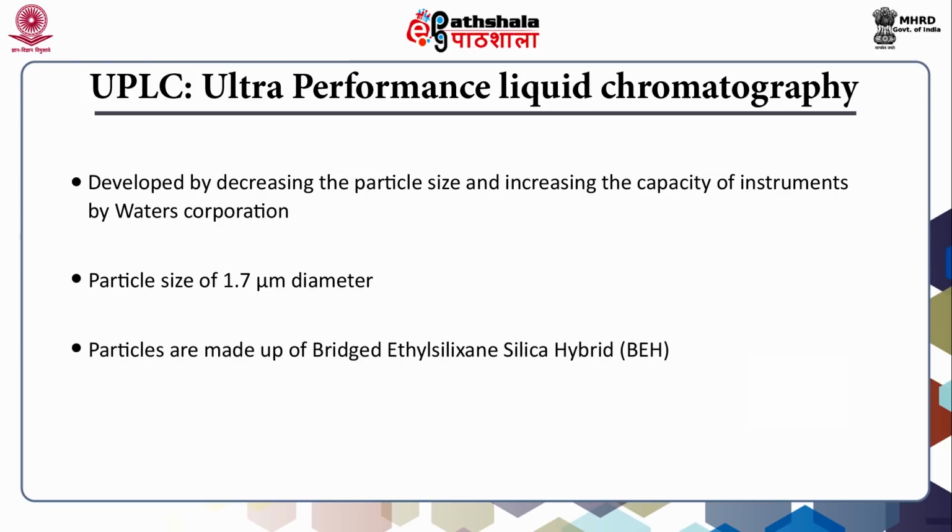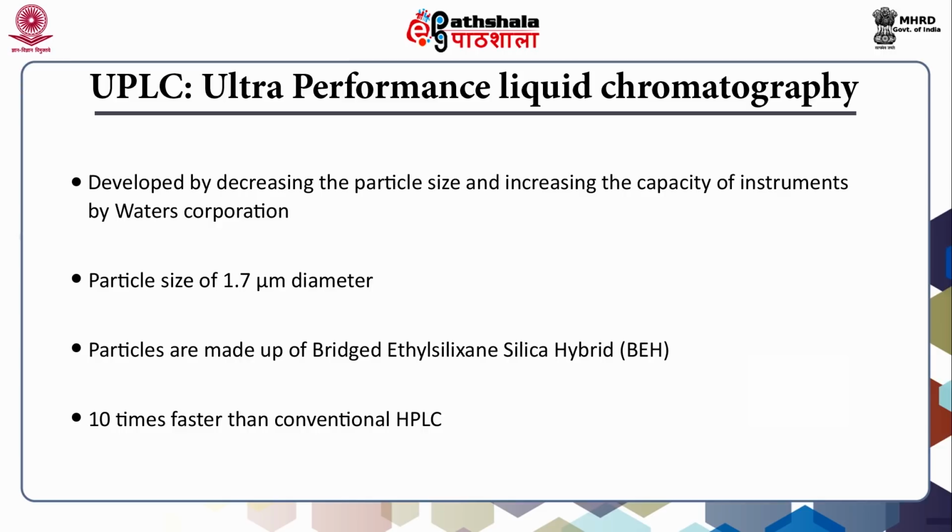The stationary phase particles are also made up of bridged ethyl siloxane silica hybrid. This material can withstand high pressure, and chromatography using UPLC is 10 times faster than conventional HPLC.